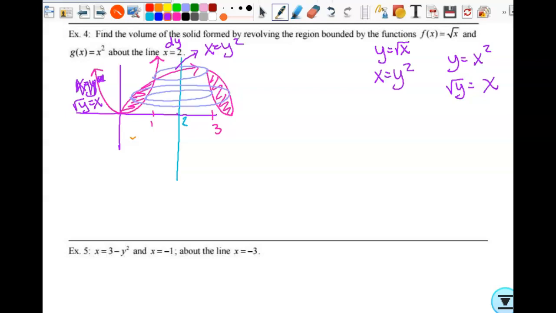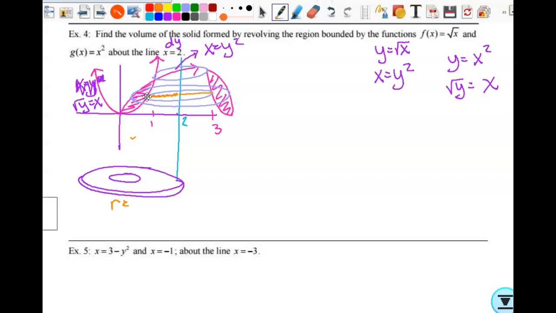So let's draw our washer. This time the washer is going this way, right? That's how it's revolving. So my little r is from here to here. The little r is this part right here.